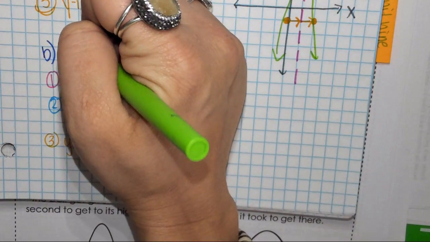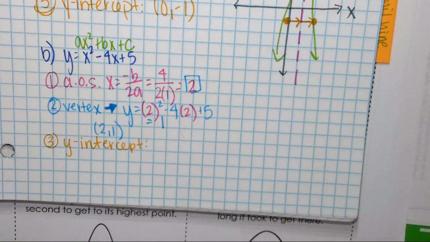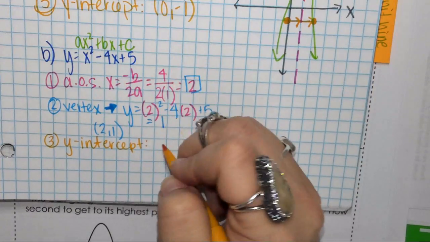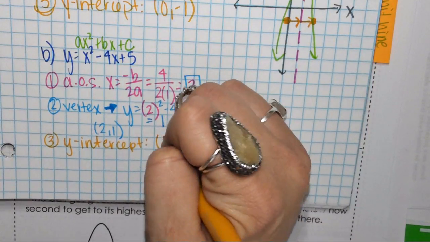It's always the constant. And how do we, take a point, and how do we write it as a coordinate? 0, 5. Good, take a point.